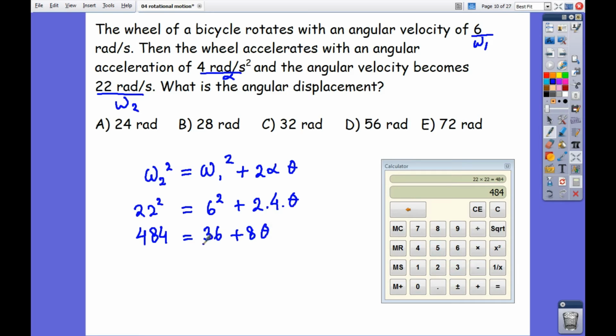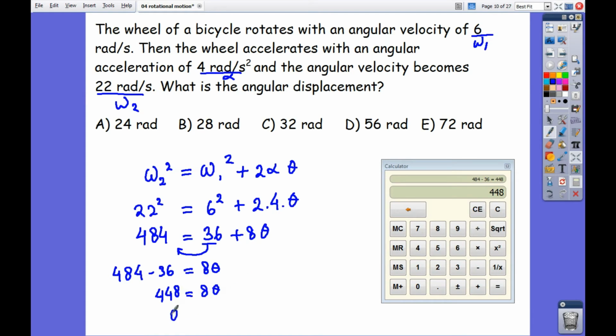So move this here, minus 36 equal to 8 theta. 448 equal to 8 theta.